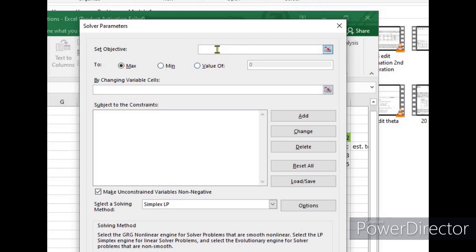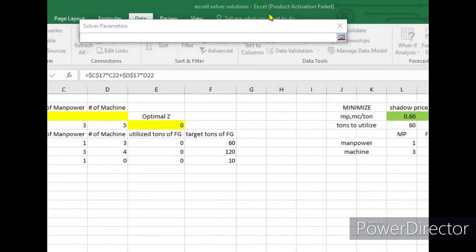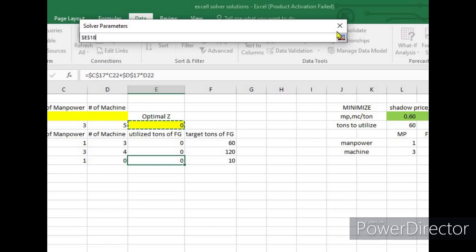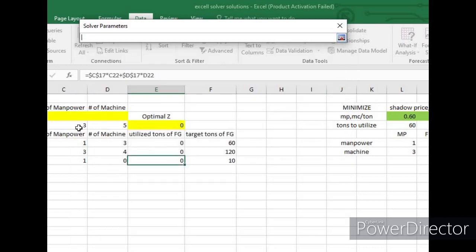For the set objective, you will click here and select this cell, so this one. Since it is maximization, you should select max. Then by changing cell, you can click this and select this.